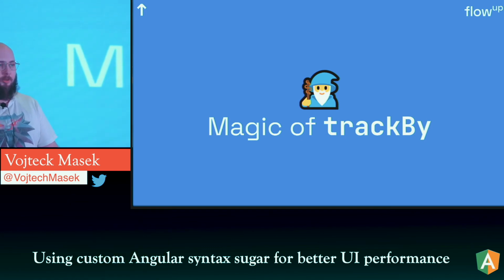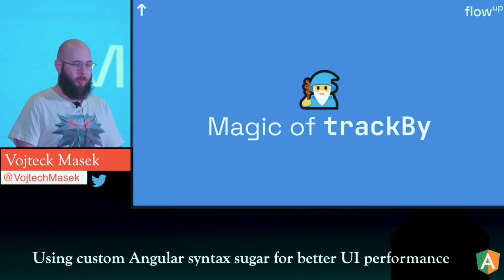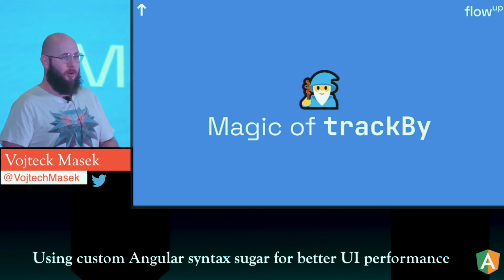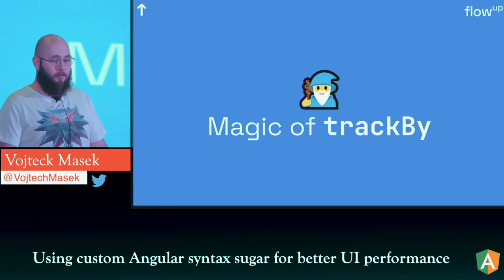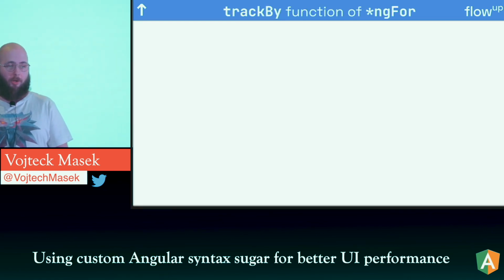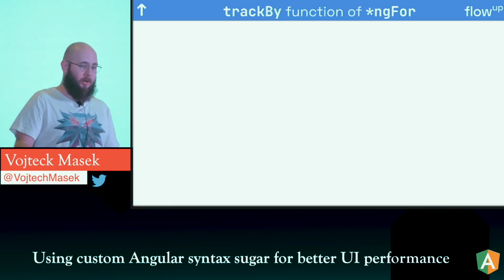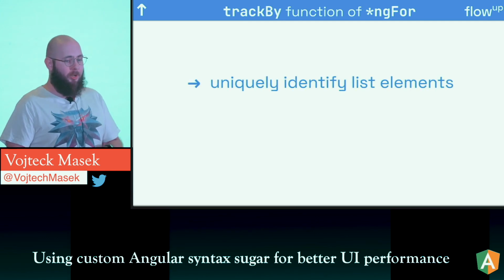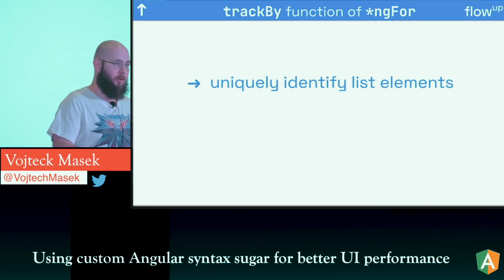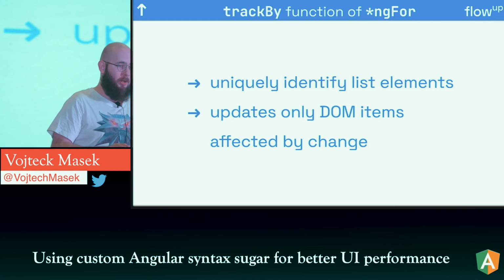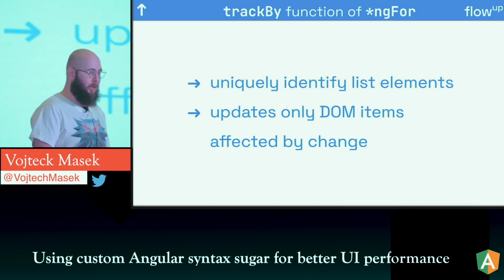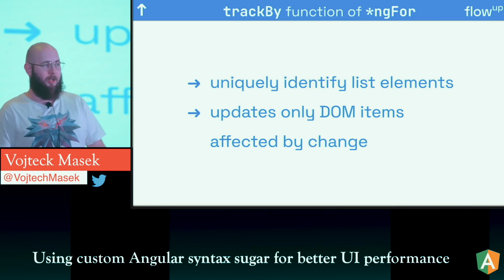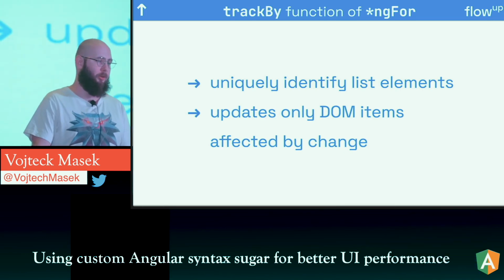There are even linting rules that you should probably put into your code base that forbid ngFors without track bys. Why? Because track by is a function for ngFor that uniquely identifies list elements, and it will enable you to actually update only the items that have been affected by a data change.